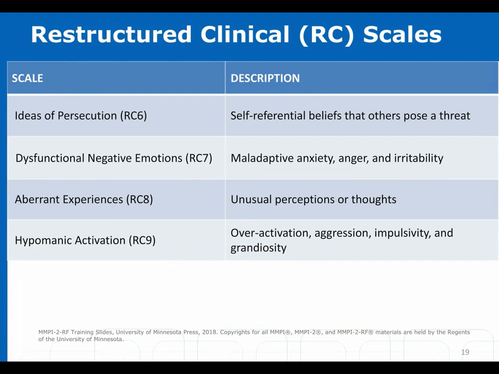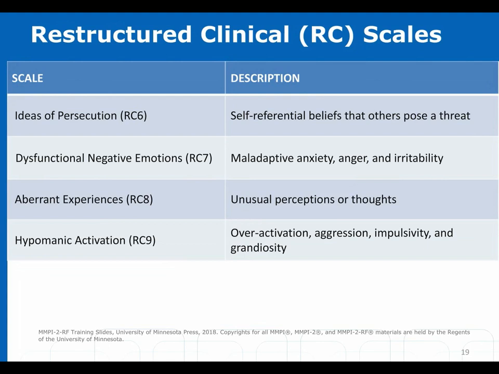But the point is that there are many different causes of these aberrant experiences, and so it's for this reason that all of the RC scales, including RC8, were renamed from their clinical scale counterparts, which were, of course, named after clinical syndromes like schizophrenia.